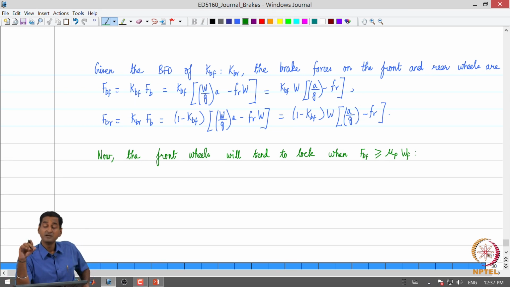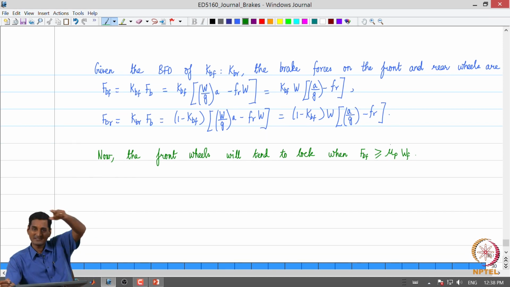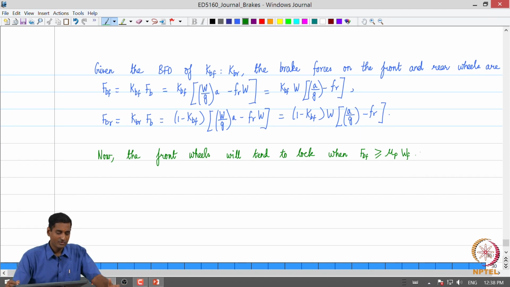So, if the front brake force exceeds this limit, there may be a tendency to lock, because the slip may go beyond the value corresponding to the peak mu p, and then it may go towards lock. If you recall the friction ellipse, if we are exceeding this, we are going outside that ellipse, beyond the boundary of that ellipse. So, that is what is going to happen.